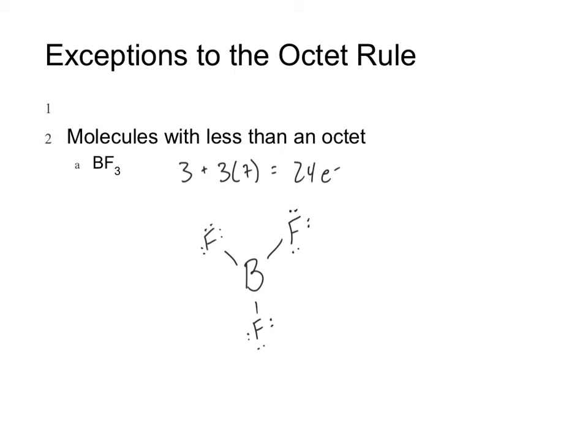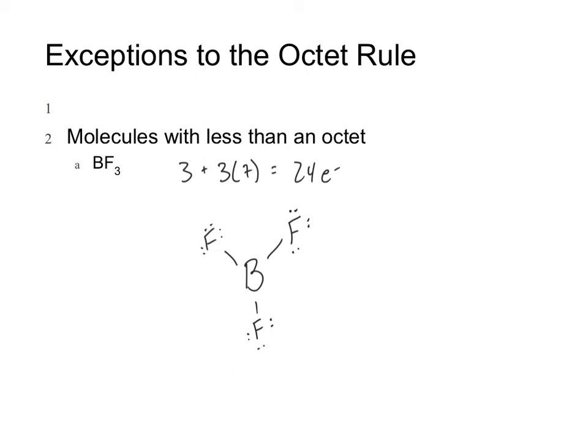Our outer atoms have an octet, but fluorine is an atom that will only ever have single bonds. You won't ever double bond to fluorine. And so in this case, our boron atom will not have an octet. It will only have the 6 electrons around it.